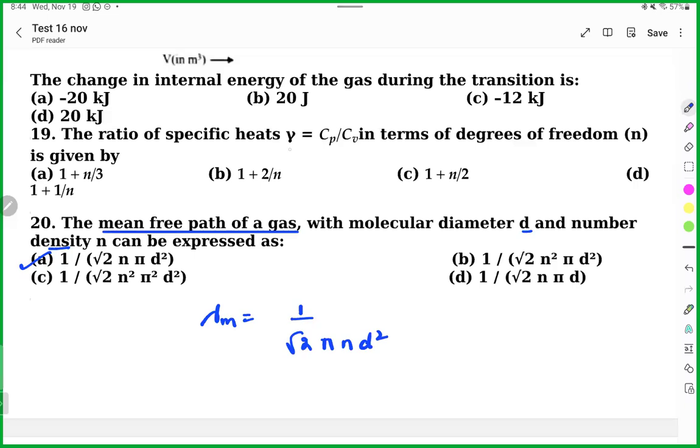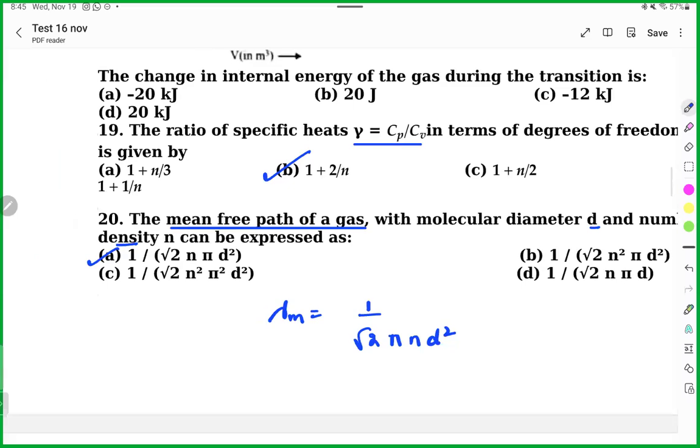Chandana, what is the answer of this? Specific heat ratio in terms of degree of freedom is equal to? How?